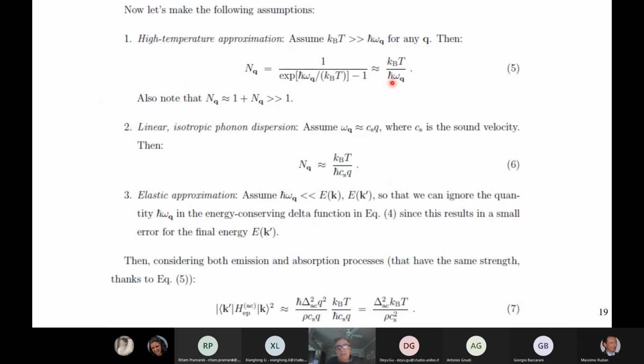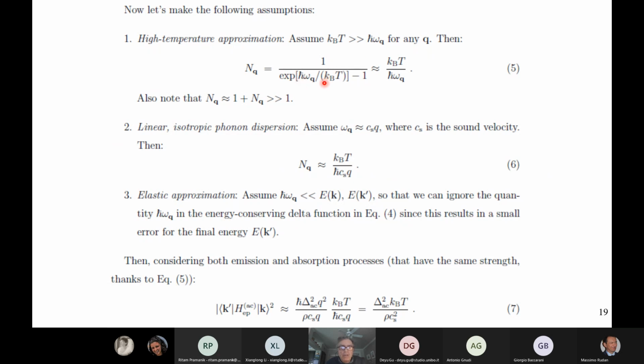The same for holes, if we're dealing with holes. So it's reasonable to assume that for the phonons which are going to be involved in our transitions, where K and K prime are not big, q will be small. So the energy of the phonon can be considered to be much smaller than the thermal energy.